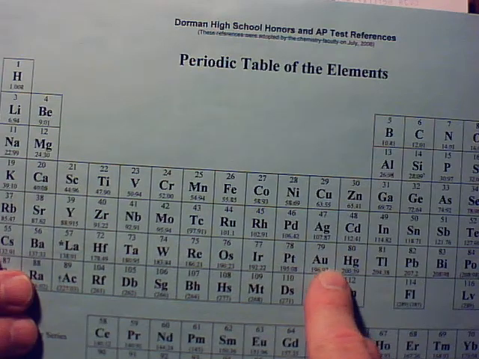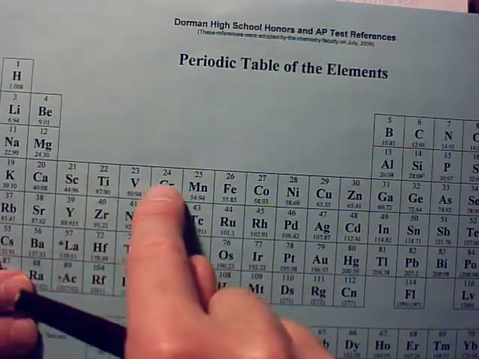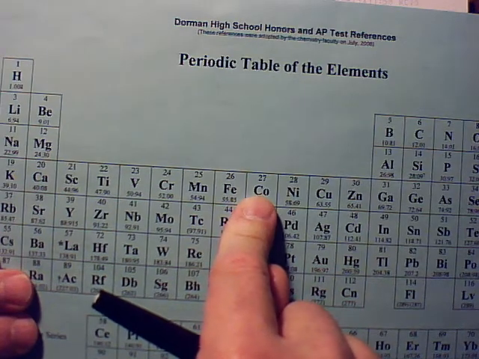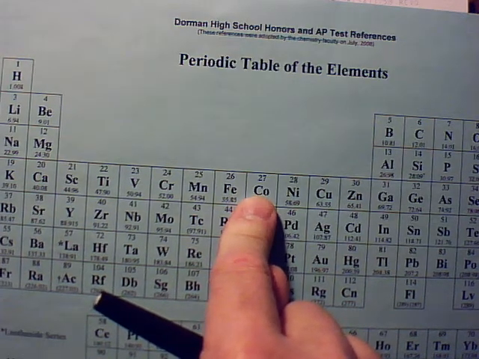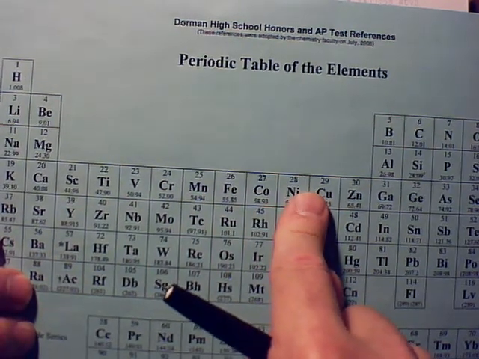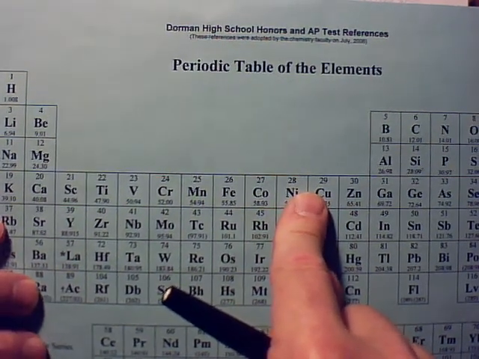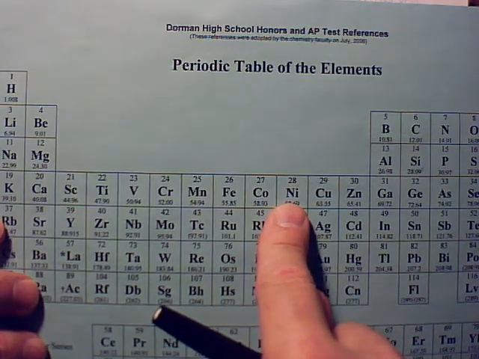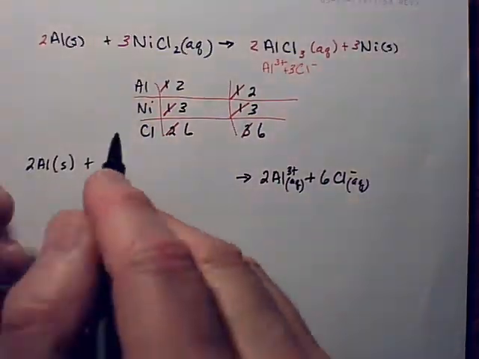And you really don't have to know these, but these along the top you kind of need to know. We've done a lab with all these. When we were doing the ions and magnets lab, remember that? Well, nickel is almost always going to be the same. It's 2 plus.